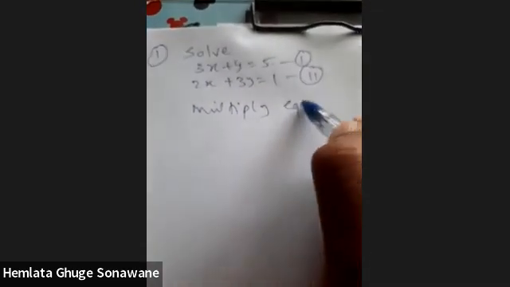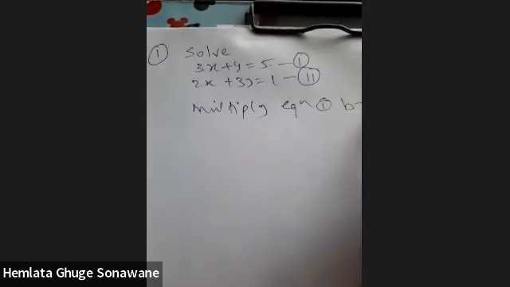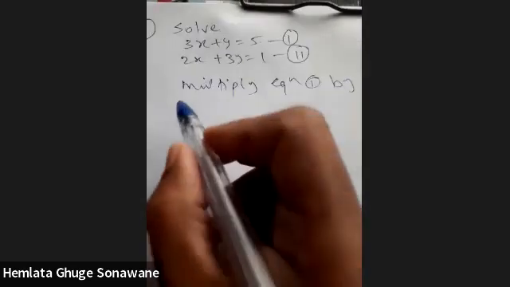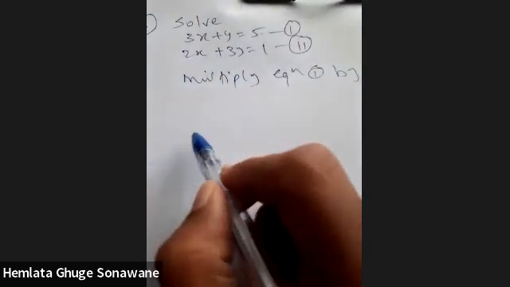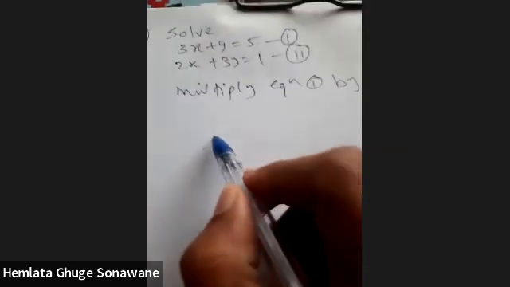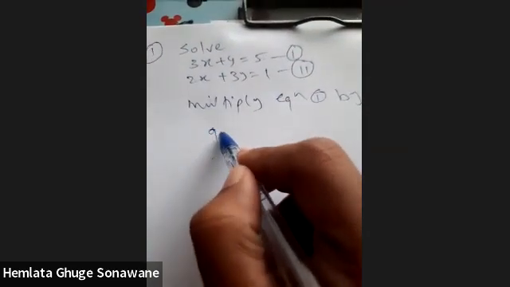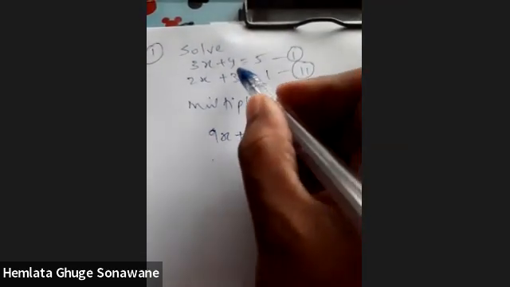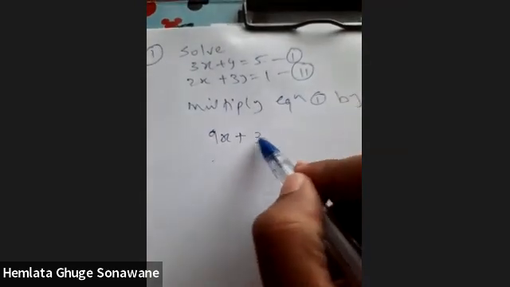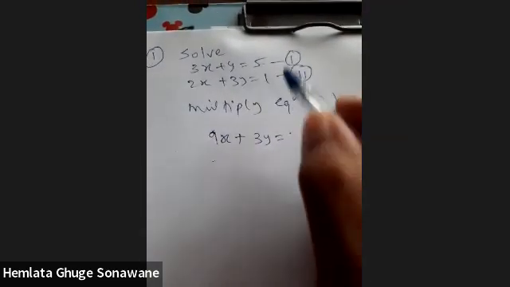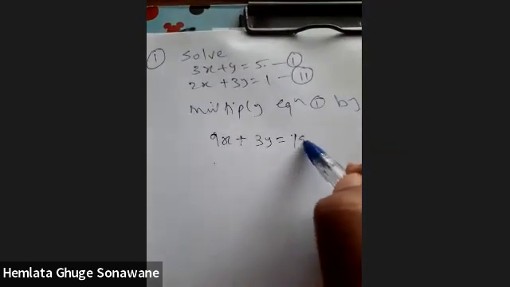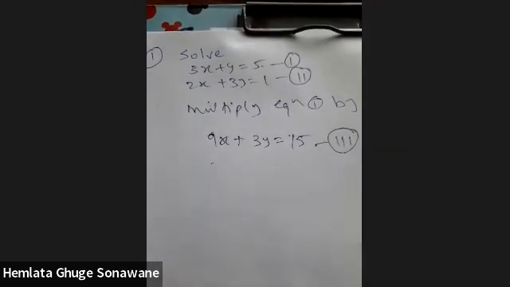So it becomes 3x into 3 becomes 9x plus 3y is equal to 5 3s are 15. This is our equation number 3.